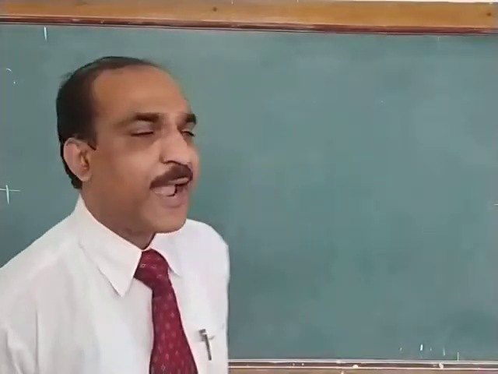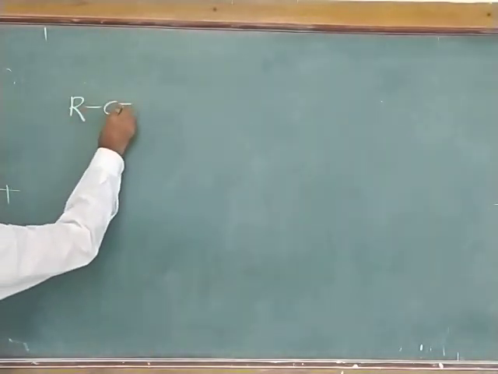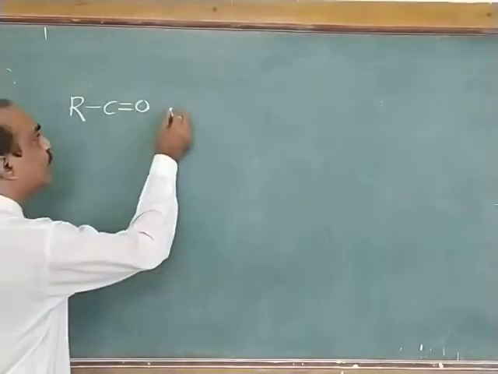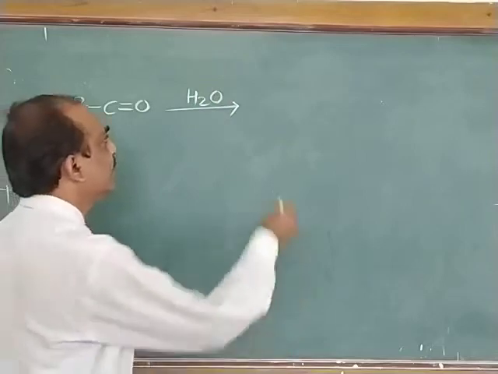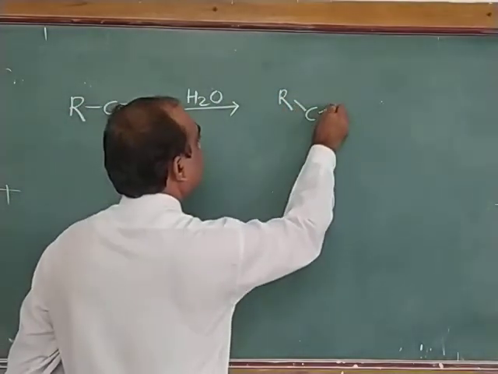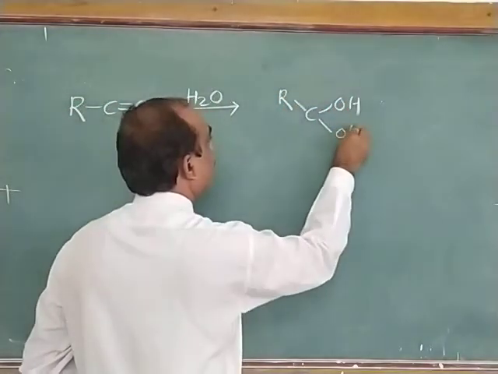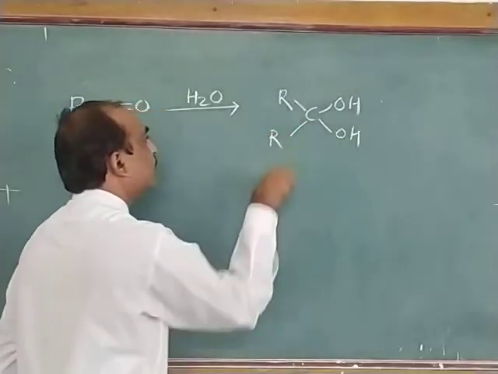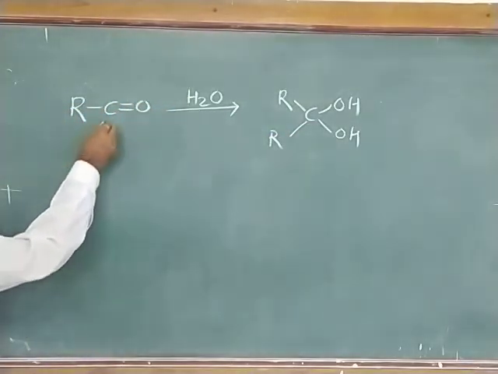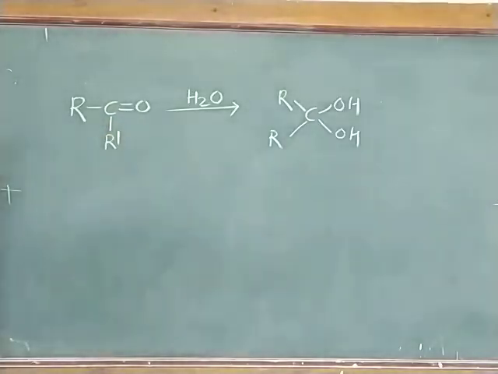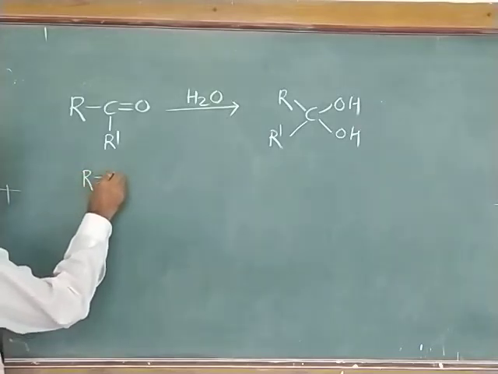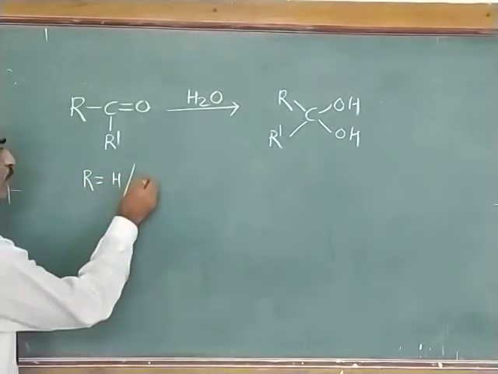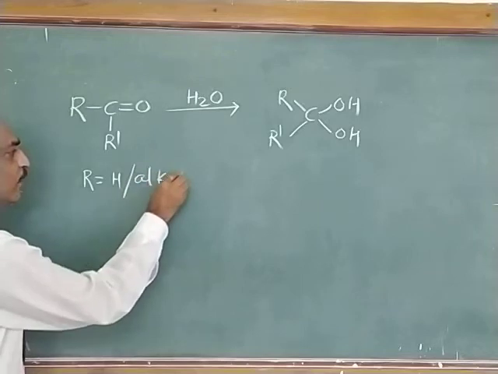When we react any carbonyl compound with water, it gives its hydrate. There is R dash, and this R dash is equal to H or alkyl.